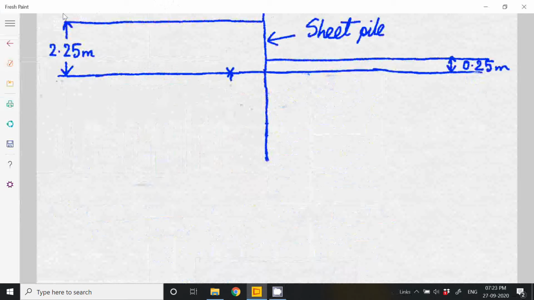The water will start flowing by taking a longer route like this, because it cannot pass through the sheet pile. Sheet pile is impermeable, so it has to take this path. Another particle of water, suppose from here, if it has to flow, will take a route like this.